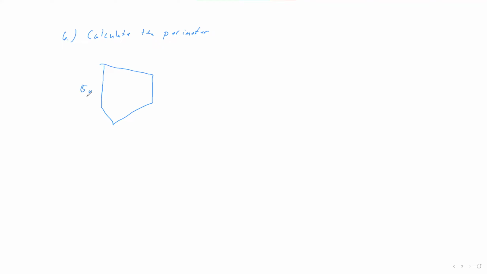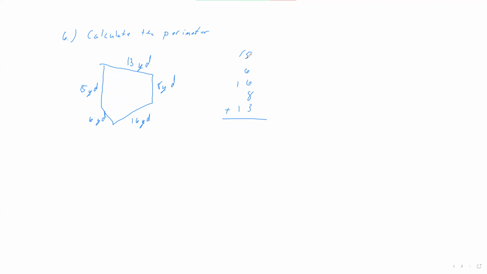I got 15 yards, 6 yards, 16 yards, 8 yards, and 13 yards. All I got to do is just add them. So I'm going to do 15, 6, 16, 8, and 13. The order of what you write them does not matter as long as you list them all correctly.